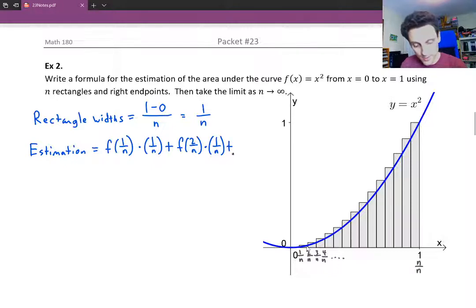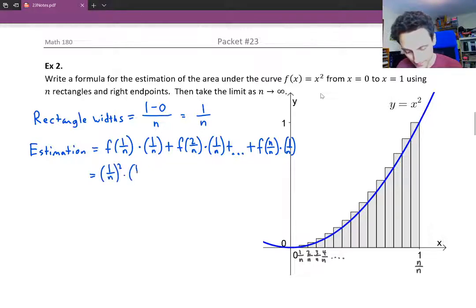And you can keep doing this for all of the rectangles, where the last one will be f of n over n times 1 over n. Kind of ran out of room there. Well, the function in this case is x squared, so we can plug in 1 over n into that x squared function. Here's what it'll look like.